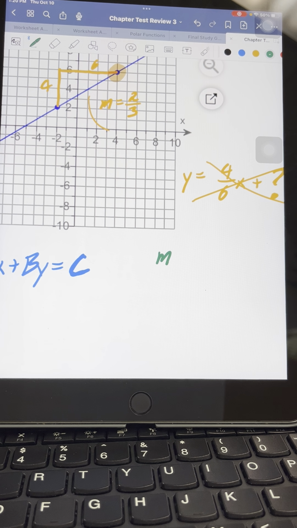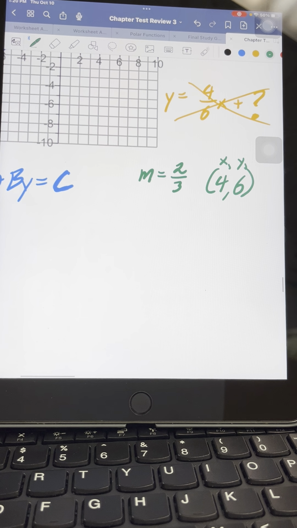My point that I'm going to focus on is (4, 6), my x1, y1, obviously. And now y minus y1 equals m times x minus x1. So now let's plug in what we know.